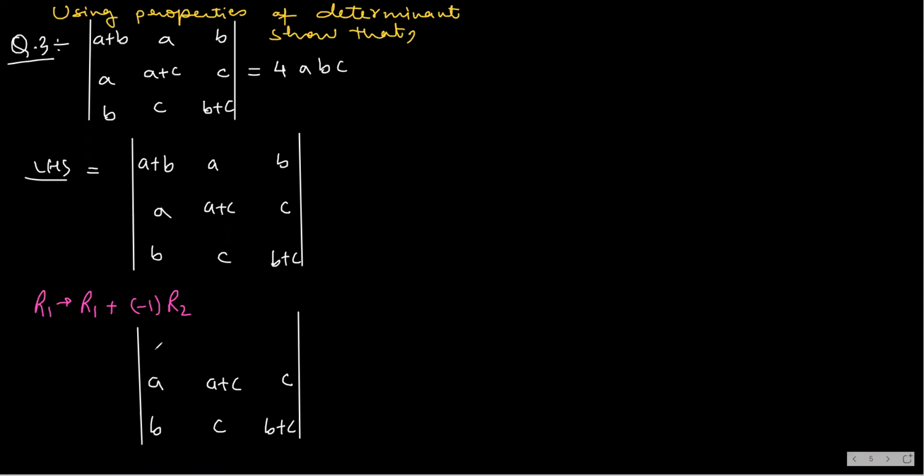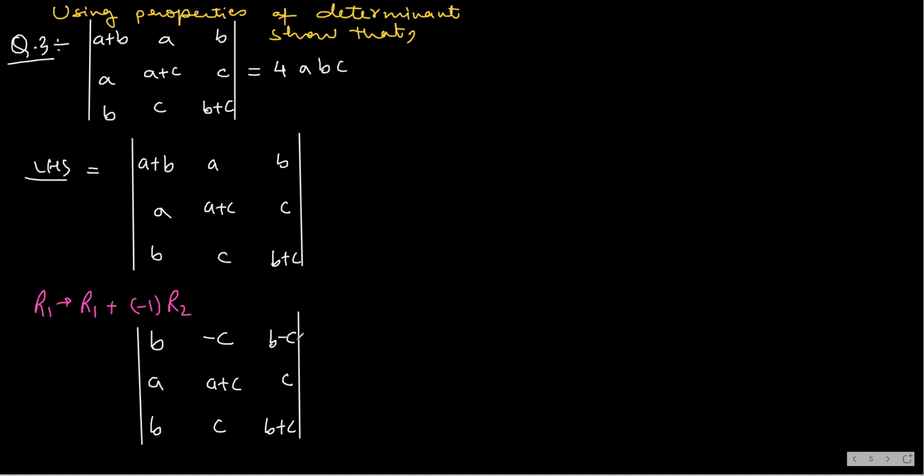Multiply minus here and add. So this will become b. Multiply minus here and add. So this will become minus a minus c. When you add, you'll get minus c. And then multiply minus and add. So this will become b minus c. Got that? b minus c I get.